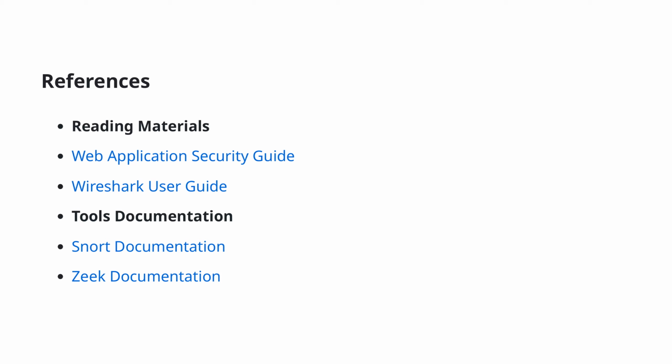Tools Documentation links will be particularly useful for the practical implementation of egress monitoring techniques. For those working with intrusion detection systems, the Snort Documentation and Zeek Documentation are indispensable resources. They offer detailed insights on configuration and best practices. Using these references will steer you towards a solid implementation of the security measures discussed.